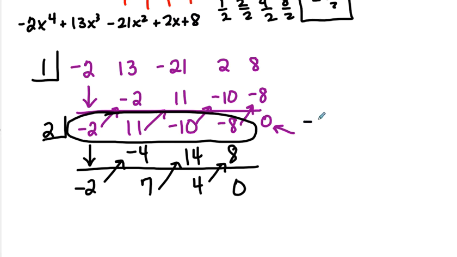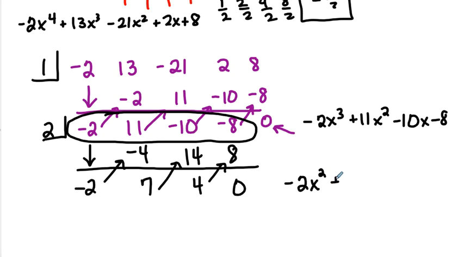So this would be negative 2x cubed plus 11x squared minus 10x minus 8. And I could see if that was factorable. It doesn't appear to be, but now I'm going to check on the second 0 that I got. That would give me negative 2x squared plus 7x plus 4.